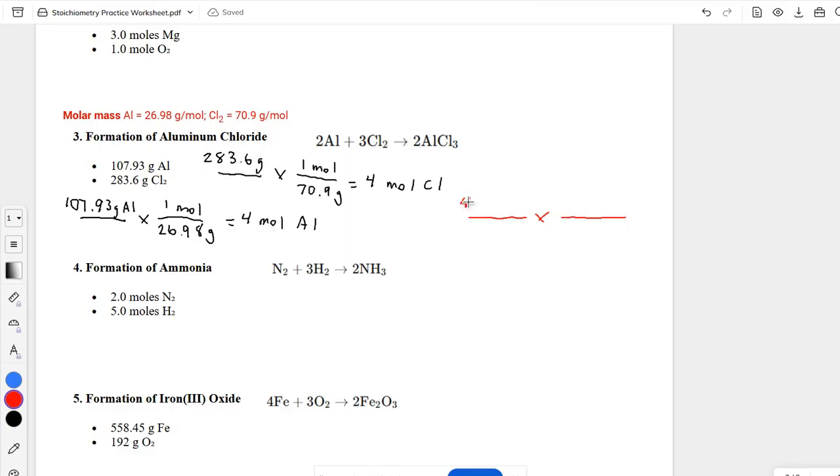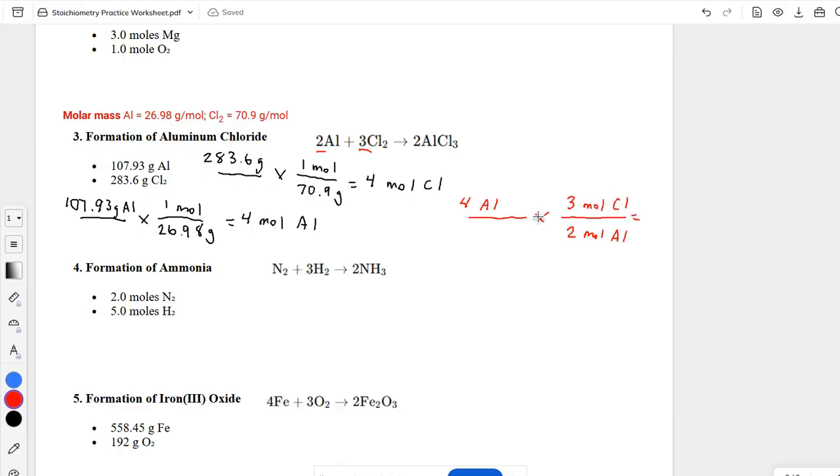So we got 4 moles of aluminum. And the mole ratio is 2 to 3. So since aluminum's on top, 4 moles of aluminum, the 2 is going to go on the bottom, 2 moles of Al. And the chlorine is going to go on top with its 3, 3 moles of Cl.